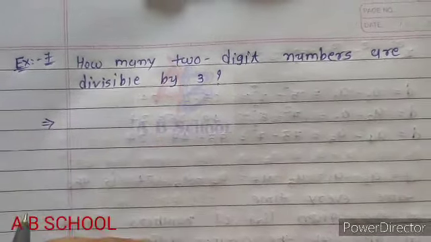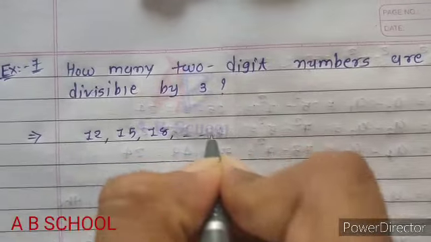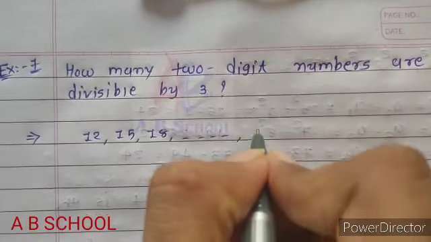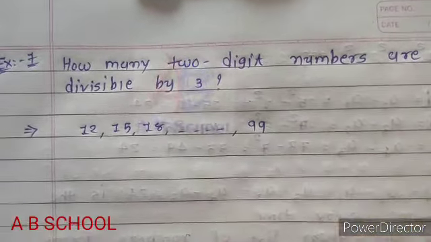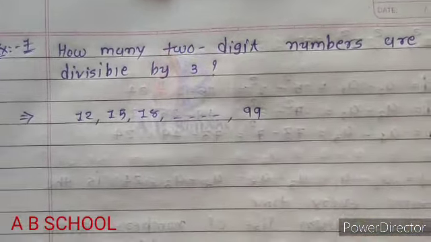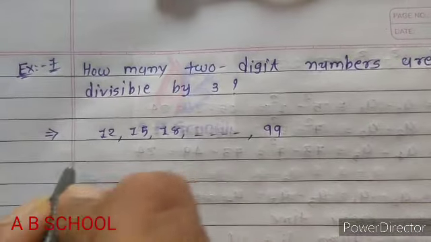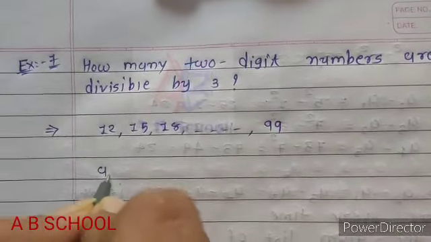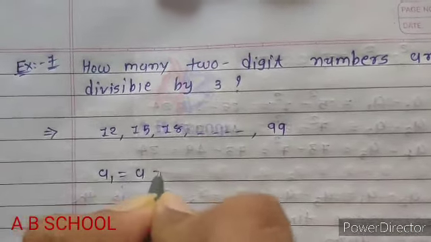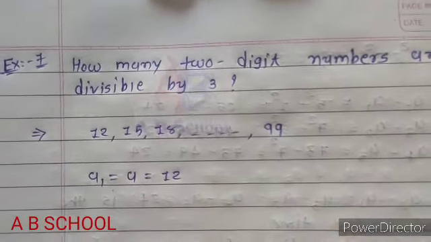Next number is 15, third number is 18, and up to the last 2-digit number 99, which is divisible by 3. So here the AP will be 12, 15, 18, and so on up to 99. So the first term of the AP, a1, is equal to a, is equal to 12.